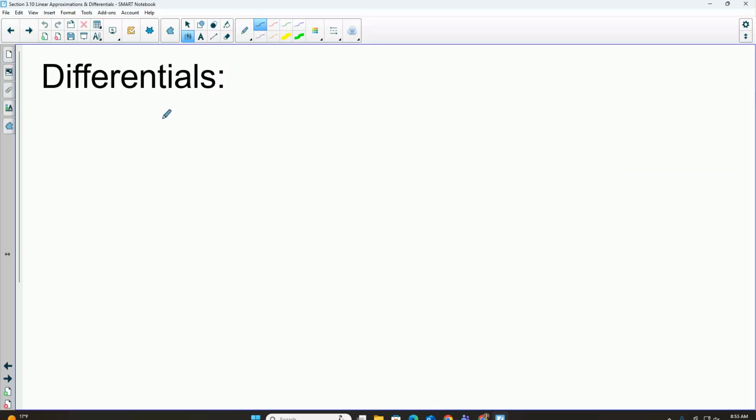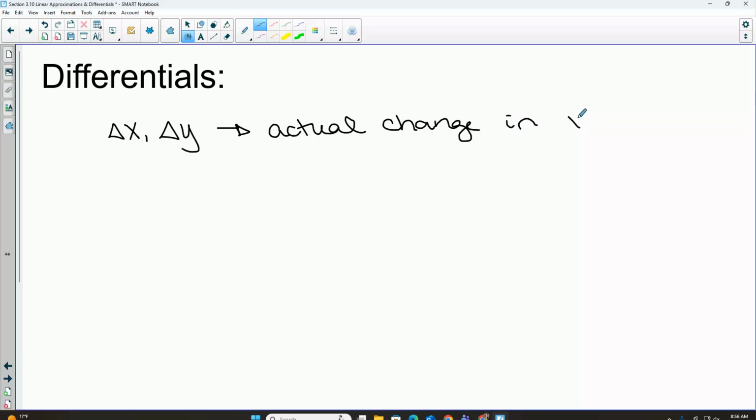When we see this, a triangle x, triangle y, that means the change in x and the change in y. Those are the actual change in x and y on a curve.